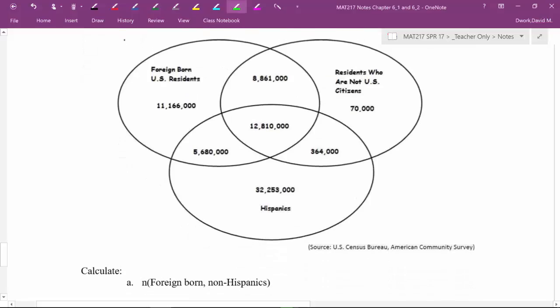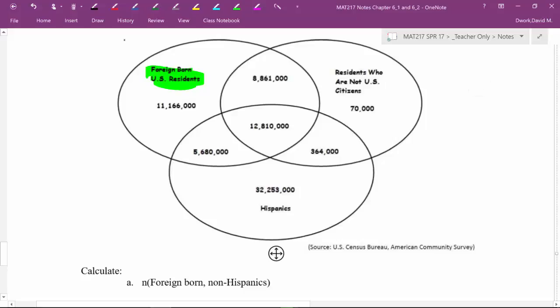Can you calculate the number of people who are in the United States who are foreign born and not Hispanic? So what does that mean? Foreign born. That means they are in this bubble. So we want this. And they are not Hispanic. So we don't want the numbers in the Hispanic bubble. We want everything outside of the Hispanic bubble.